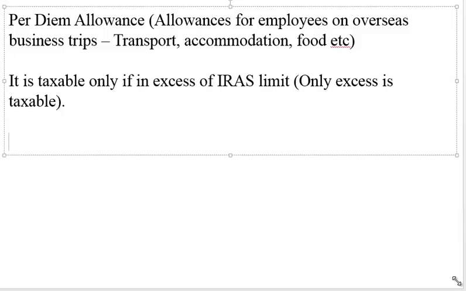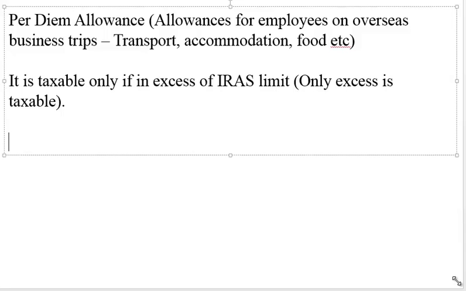So question number 10 says, Ms. Junita was given a per diem allowance of $150 per day when she went to China for 5 days. The acceptable rate is $128 per day.